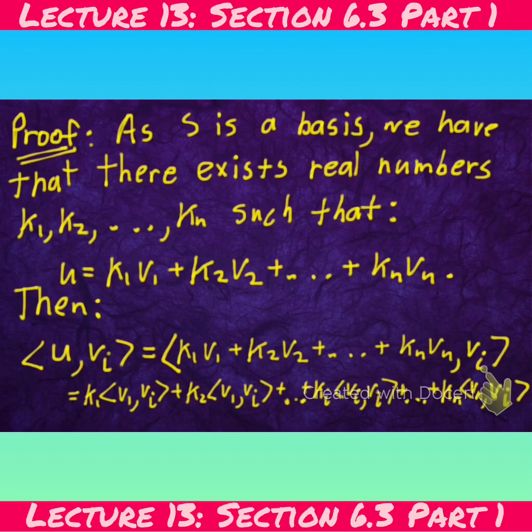Now what's going to happen, v1 and vi are orthogonal, so that is going to fall away. Everything is going to fall away except for possibly this term here.